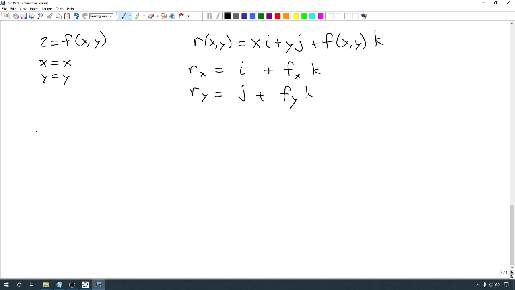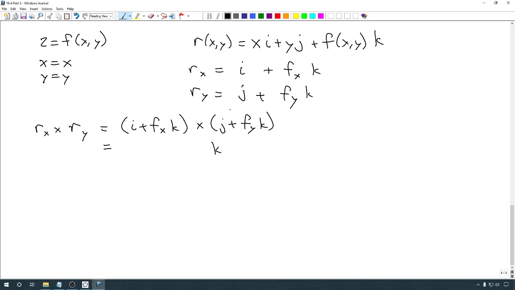If we take the cross product of these two things, this is easy enough because we just have two terms each. i cross j turns into a k. i cross k, that's actually the wrong direction. If we follow our cycle, that turns into a negative j.